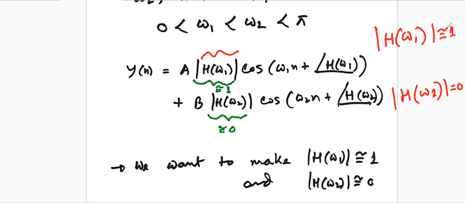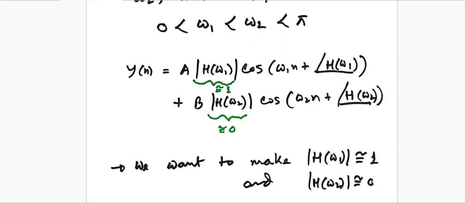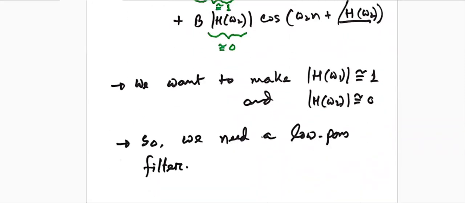That's why this is an approximate sign, and this is approximately 0. That is enough. So this term will go to 0, and this term will make it 1. That is our target. If we can do so, then this signal will survive and this signal will be rejected. So that is our concept.